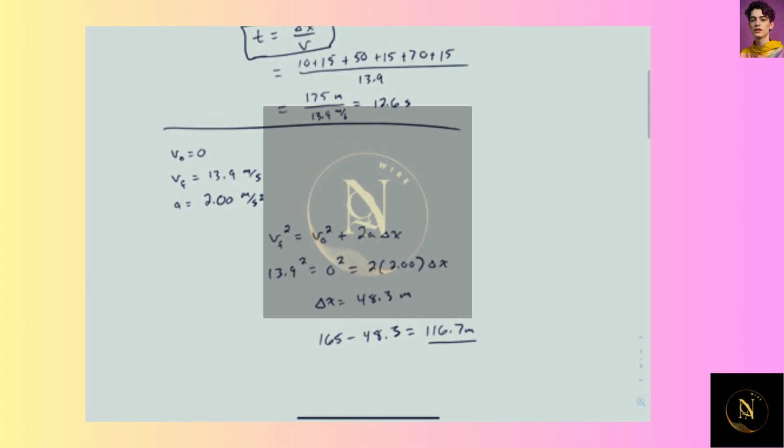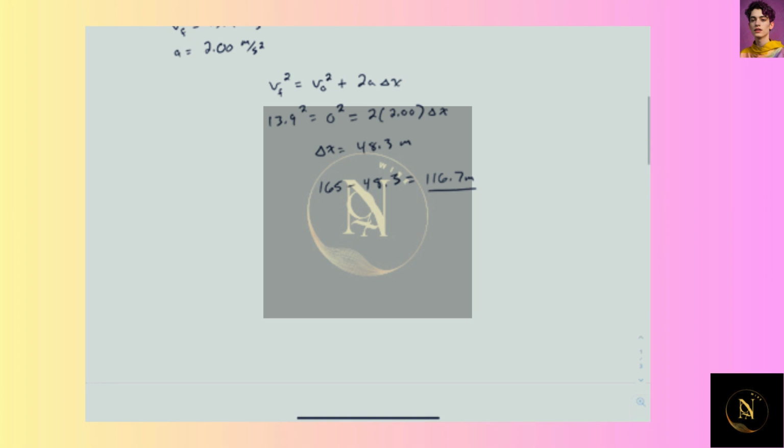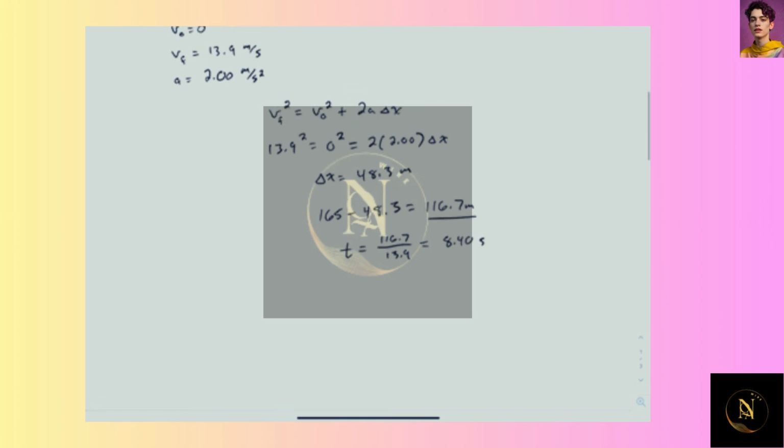So our t for the second part is 116.7 over v is 13.9. And this is going to give us about 8.4 seconds.